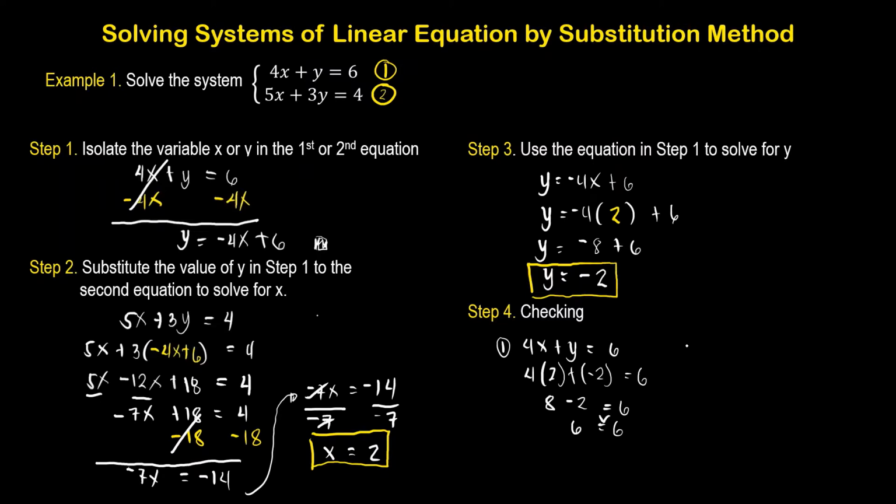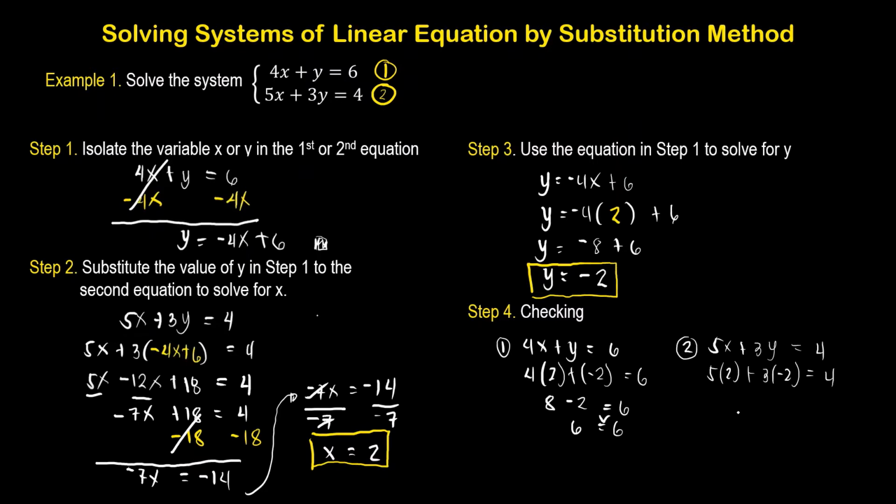Now, itry natin sa second equation. So, let's use 5x plus 3y, which is our second equation, is equal to 4. So, i-check natin yan. Let's use the values of our x and y. So, we have 5 times the value of x, which is 2, plus 3 times the value of y, which is negative 2, is equal to 4.